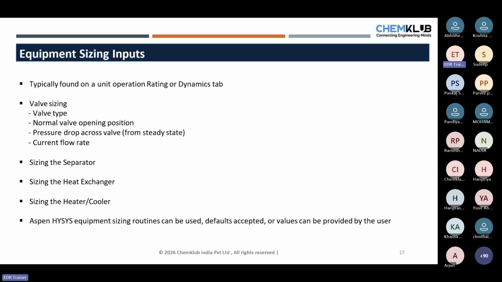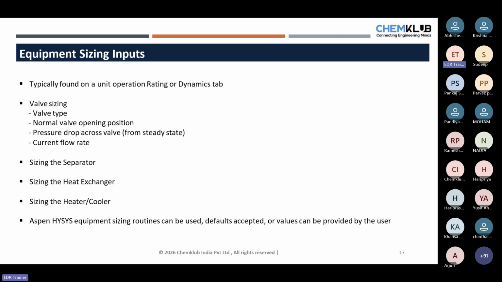The inputs include the valve sizing, valve type, normal operating position, pressure drop, flow rates, separator dimensions, heat exchanger sizing, heater sizing, etc. So Aspen provides default sizing routines, but engineers can always review the generated values carefully, and then they can modify them.